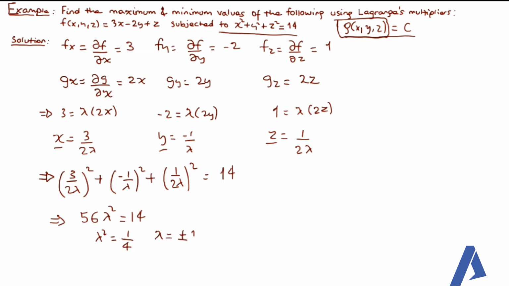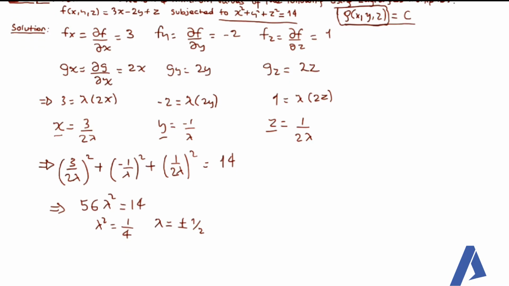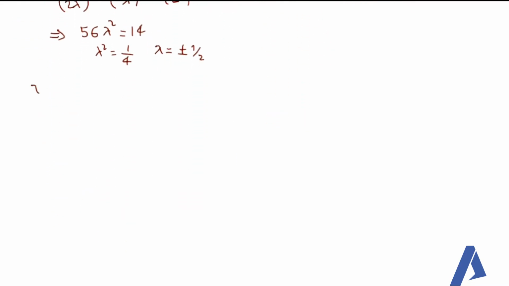ስለዚህ ለፖዚቲቭ 1 over 2 እና ለኔጌቲቭ 1 over 2 we find corresponding values of x. ከዛ በኋላ ማክሲመም እና ሚኒመም ማግኘት እንችላለን ማለት ነው። ስለዚህ let's take the case of lambda is equal to positive 1 over 2. In this case የx value ስንት ይሆናል ማለት ነው? x is equal to 3 over 2 lambda, lambda is 1 over 2, this is equal to 3. y similarly -1 over 1 over 2 which is equal to -2, and z is equal to 1 over 2 times 1 over 2 which is equal to 1.